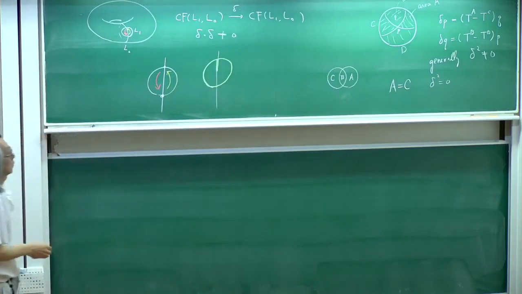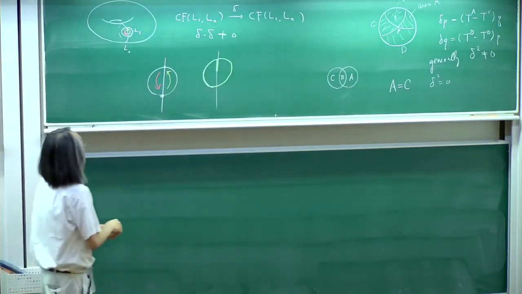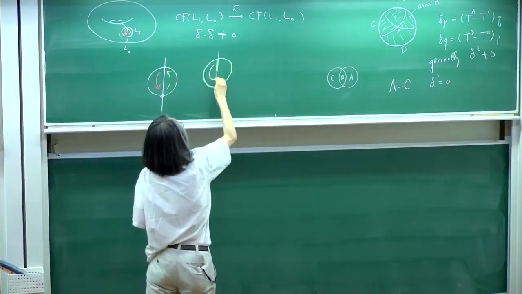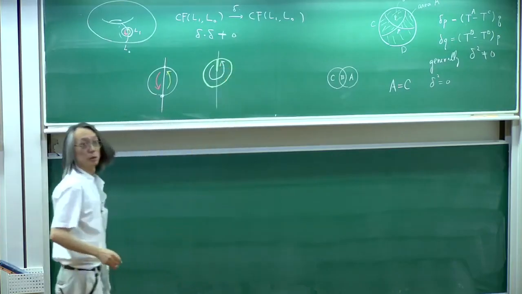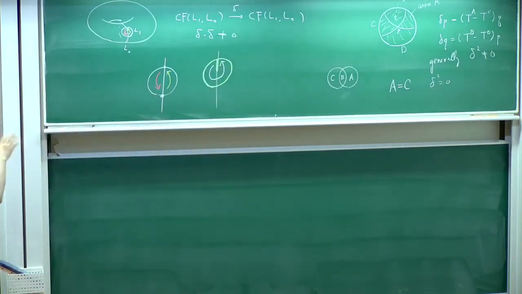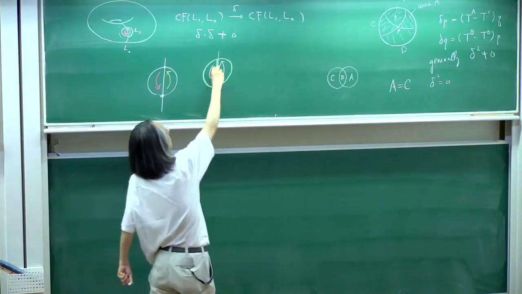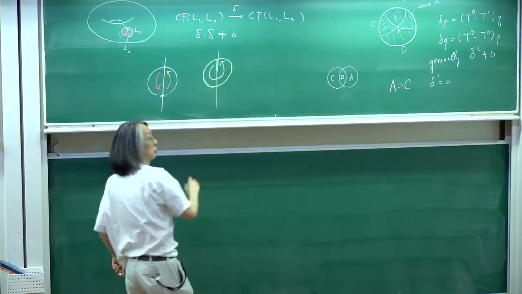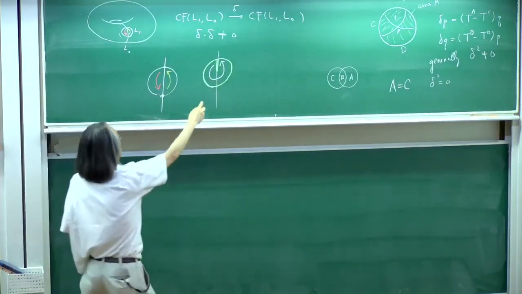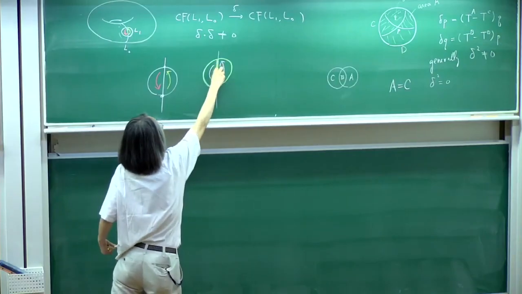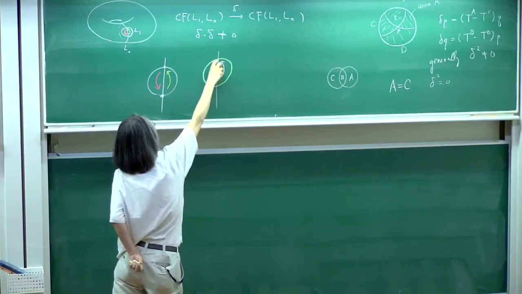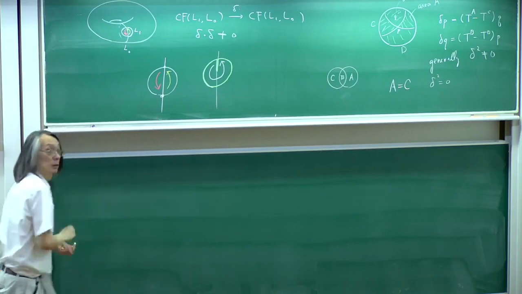So this is the moduli space, starting from P back to P. You have a one-parameter family of holomorphic strips, parametrized by the length of this. And so if this segment tends to the diameter, then you have this.